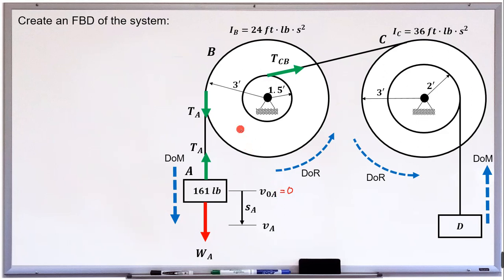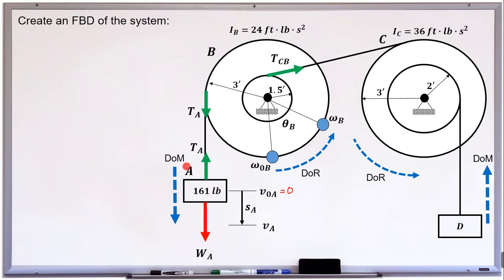Next, we will proceed to the cylinder B. These are the forces that act on our cylinder B aside from its weight. We have the tension at A and the tension on the rope that connects our cylinder B and cylinder C. Next, we will also indicate the angular velocities.